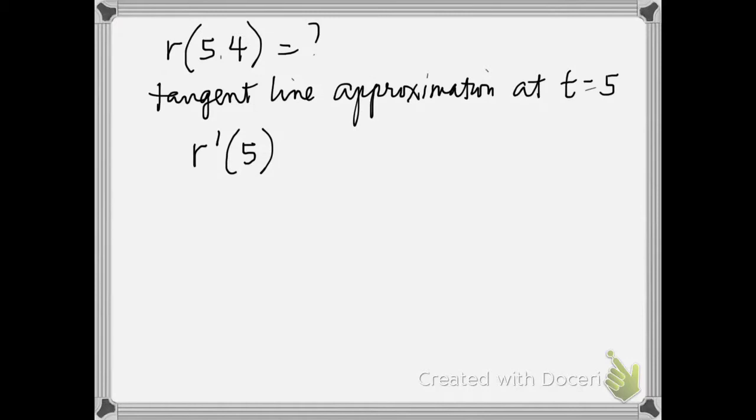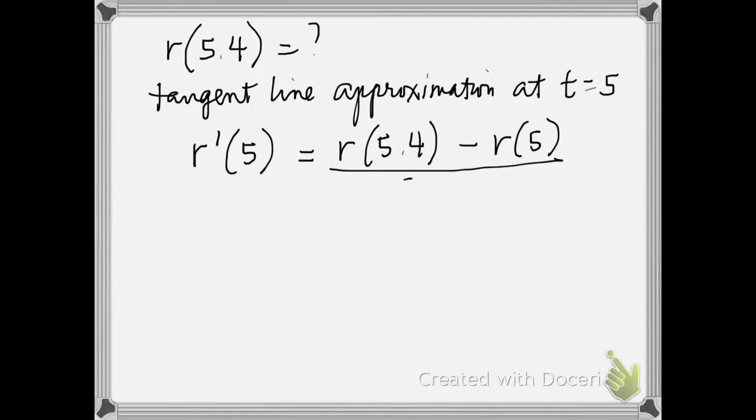R prime 5. Now, since we're only doing approximations here, that should be equal to r at 5.4 minus r of 5 over 5.4 minus 5.